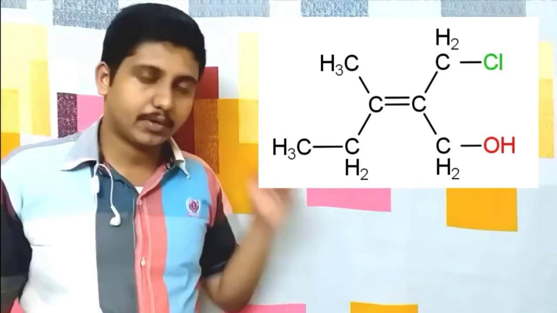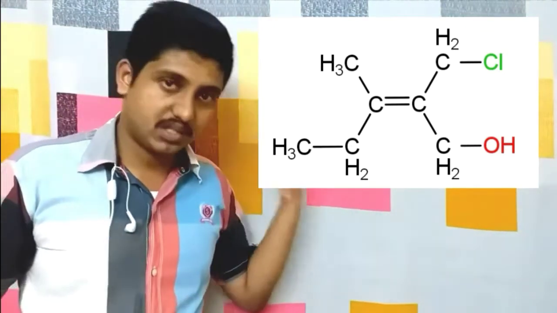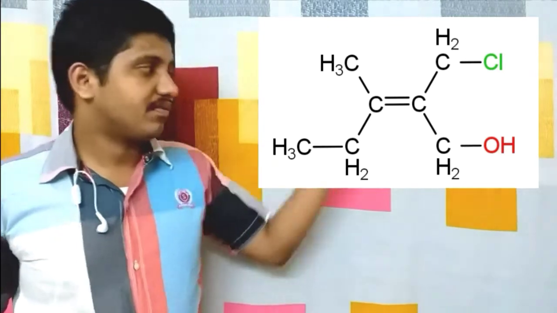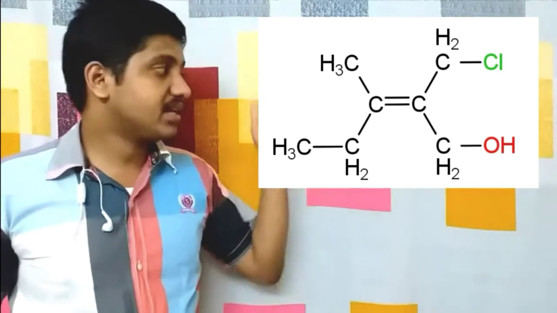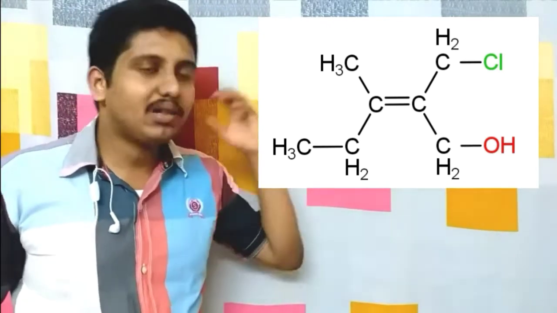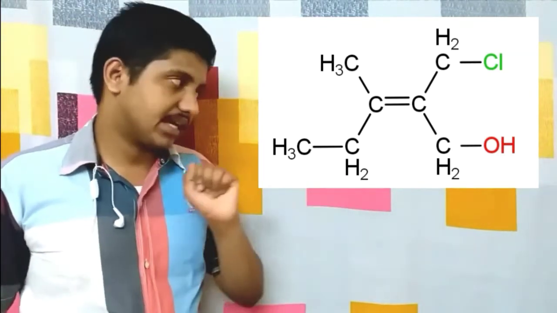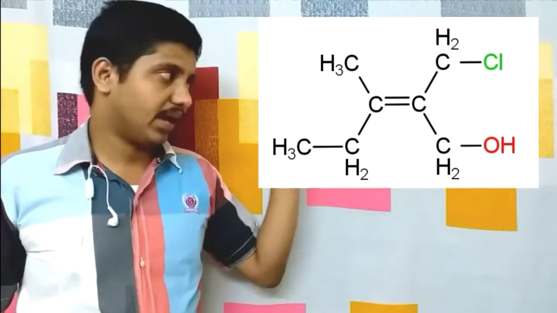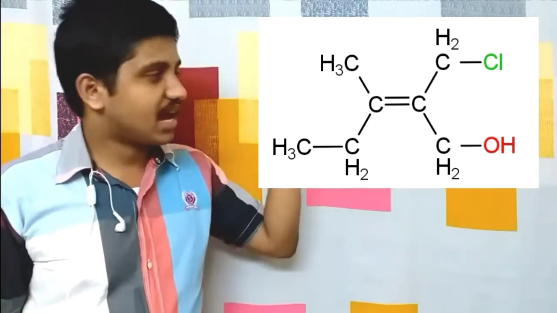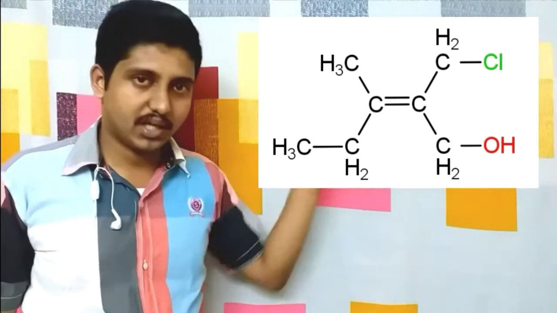The second rule here is that if such a compound comes, then we have to refer to the next element, the next directly linked elements. For example, in the first case you can see CH2Cl, so we have two hydrogen atoms and a Cl atom attached to the carbon atom.